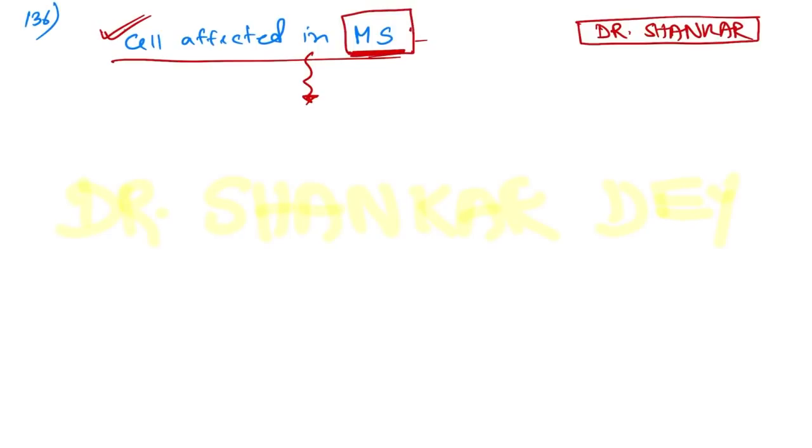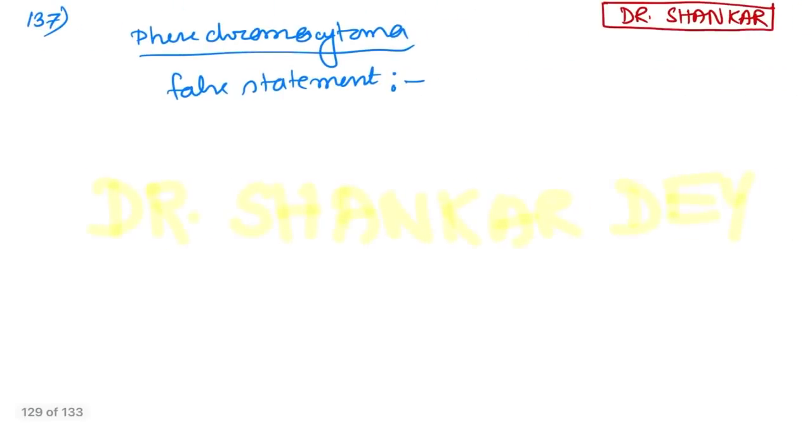The question was about multiple sclerosis, but multiple sclerosis was not told by the examiner. They have given a clinical scenario based question, so you have to arrive at a diagnosis of multiple sclerosis. Then the question was, which cell is affected in this syndrome? Definitely in multiple sclerosis, the myelin sheath forming cell. Which cell? Oligodendrocyte. So the answer will be oligodendrocyte is affected. Oligodendrocyte. This is the answer.